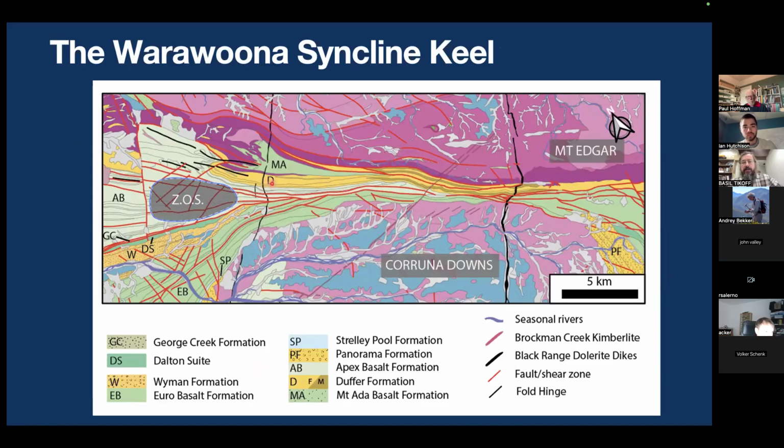The Duffer is going to be interesting because it's the most felsic of these units within the Warrawoona syncline. And then the apex basalt, because it hosts this zone of sinking, which I'll get to in just a moment. And so between Corunna Downs to the south, Mount Edgar to the north, it's quite thin in the middle, and it seems to fan out towards its western or really northwestern edge.